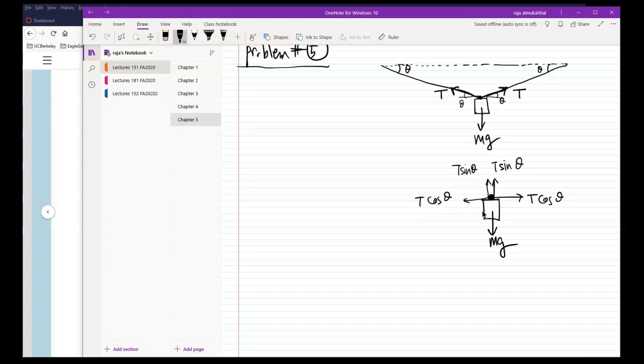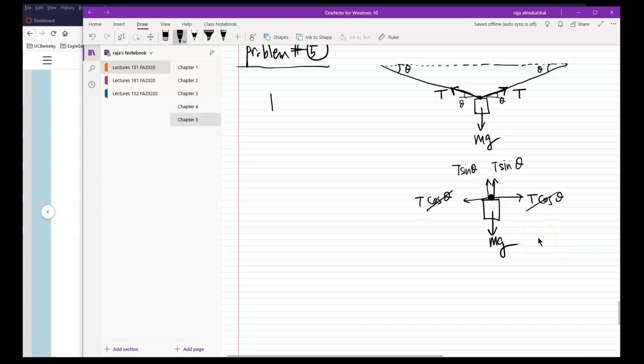Now, what do you notice here? What you notice is that the x components will cancel each other out. They're equal, and they're opposite. So basically, I don't need the x components at all. See that? So the only interesting forces here are along the y-axis. See what I'm saying?